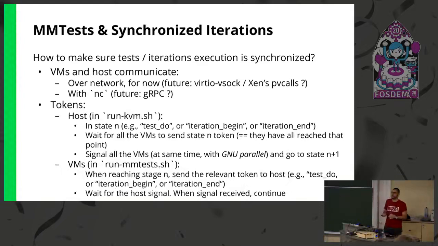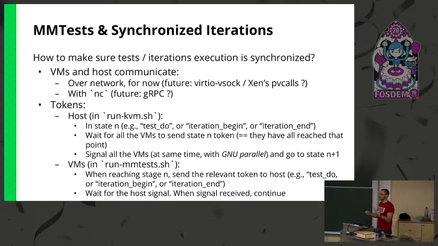In future, it can happen using other means like Virtio VSOCK, Virtio serial. But let's see what's more convenient. And it's based on exchanging messages through NC, the NC tool. It could be reworked to be gRPC, anything more solid. This is what it is right now.